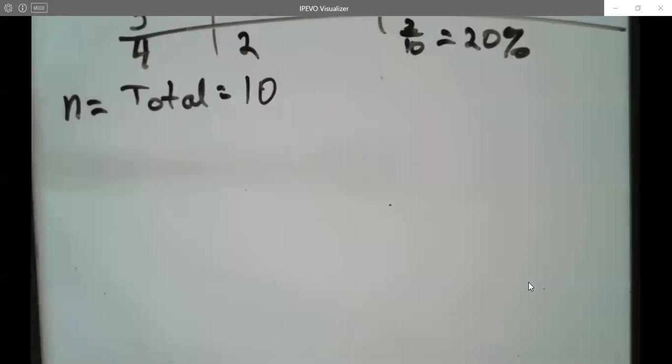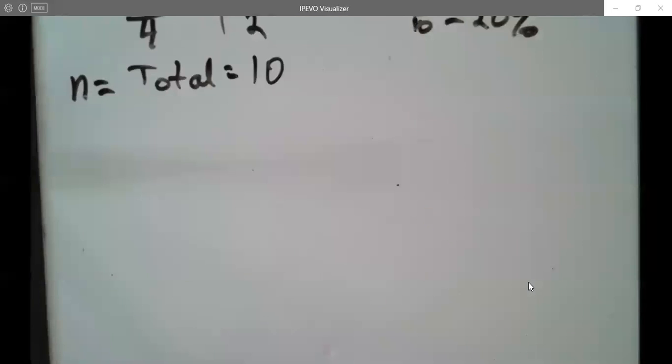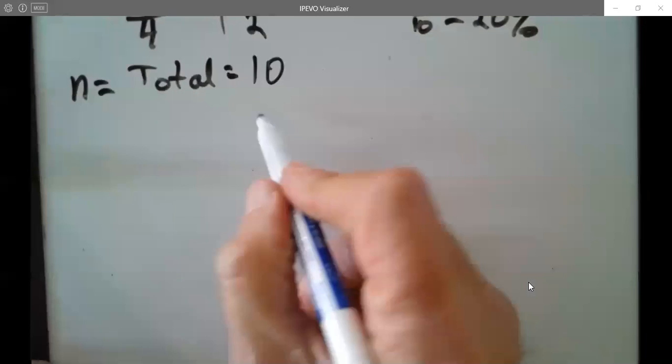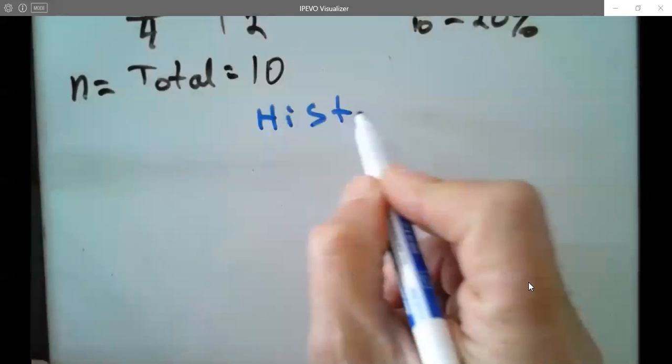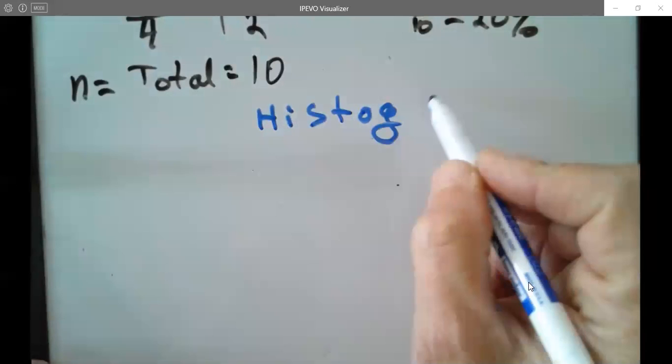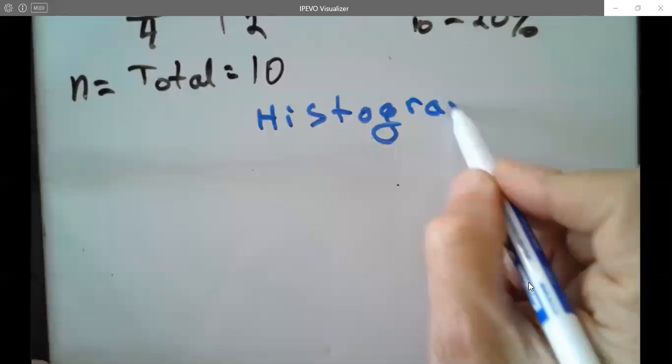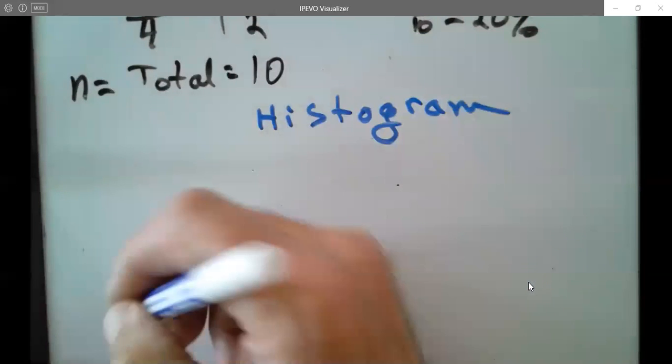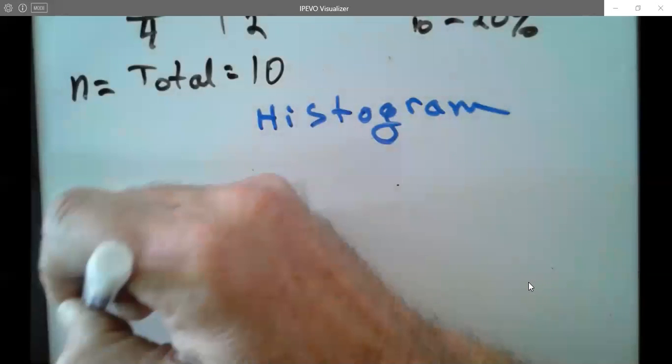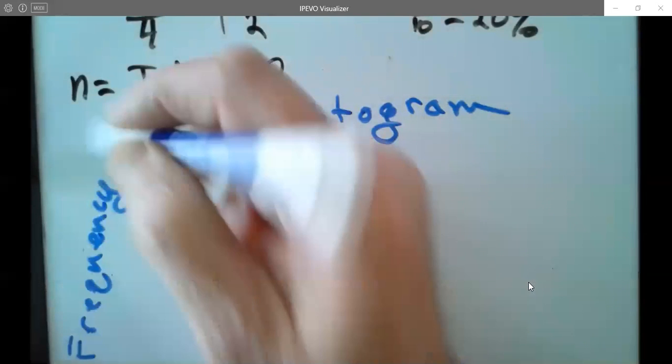So in our histogram, we have frequency, and we've got the number of siblings.